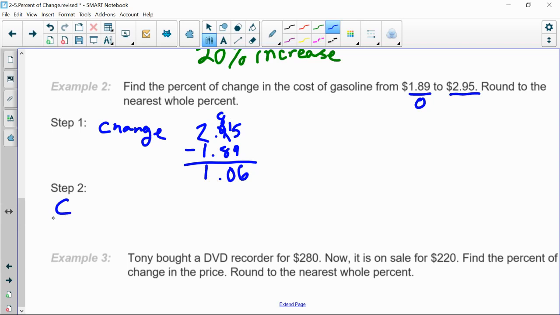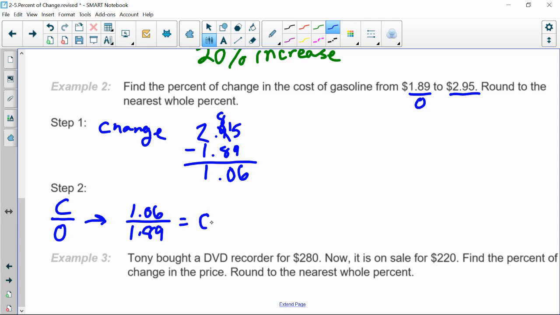Remember, there's always change over your original. So 106 over 189 as my original. Then we divide, you'll get a decimal, and we turn that into a percent. So 106 divided by 189.